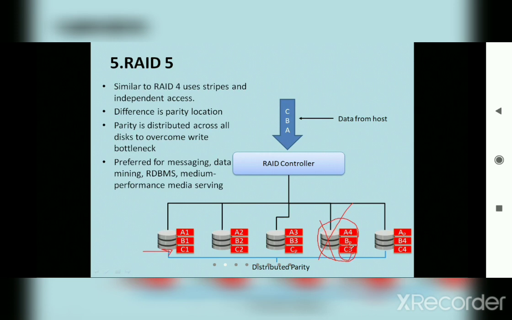But what happens is this parity disk, CP, is going to recover all this data from the other disks. Here they are going to calculate it and regain the disk.